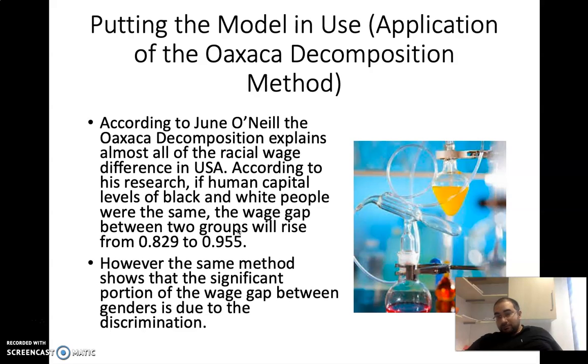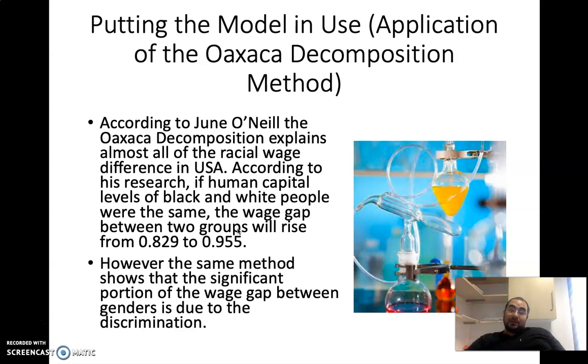Similar things happened also for the Hispanic group, although I didn't write it here. So according to the Oaxaca decomposition method, the role of discrimination in the wage gap is small, around 4.5%. Maybe not completely, still important, but not as significant as it seems at first.